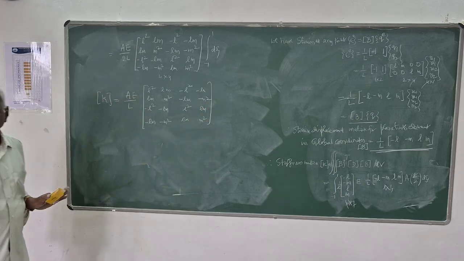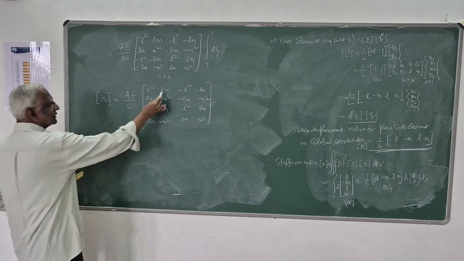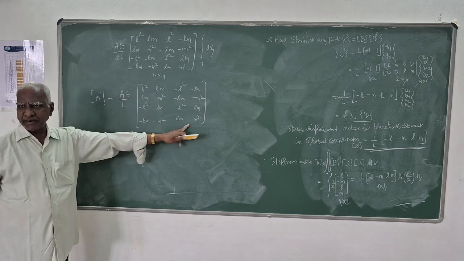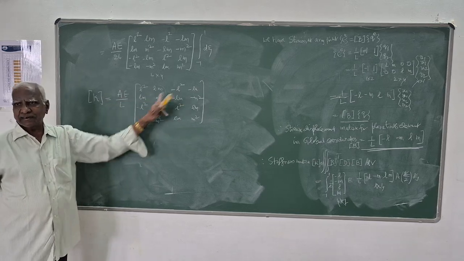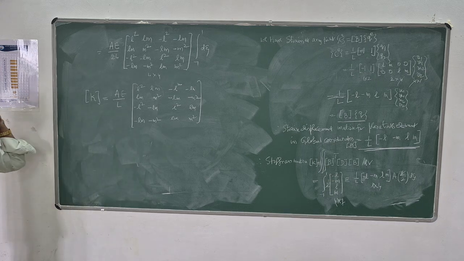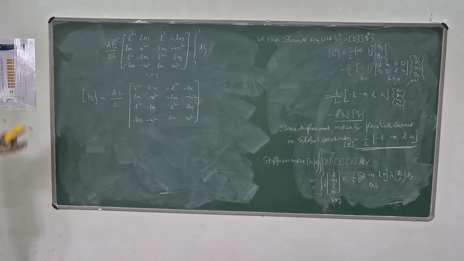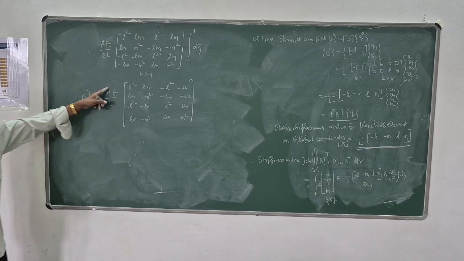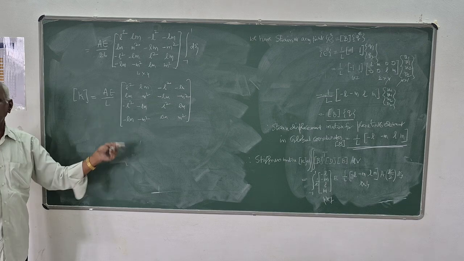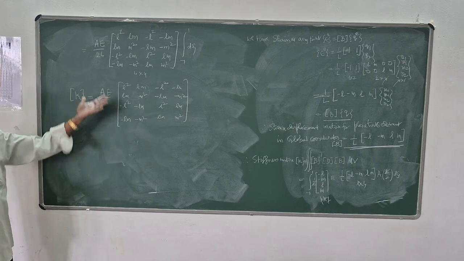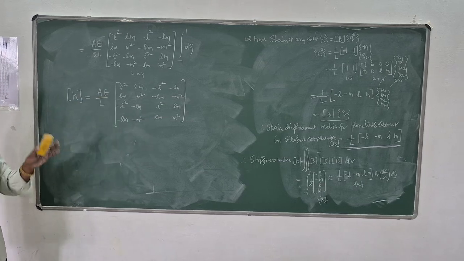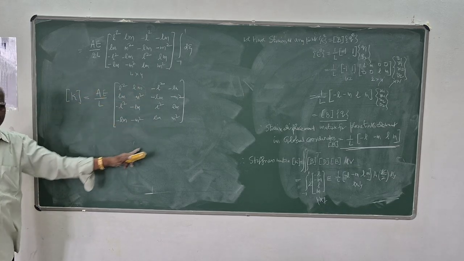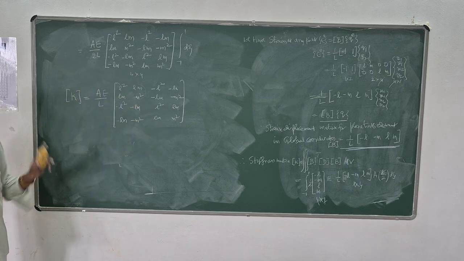The easy way of remembering is you just remember these 4, then the same 4 you write here, then change the sign. So you can remember the general stiffness matrix, of course with A E by L. In the bar element, it is A E by L, 1, minus 1, minus 1, 1. In the plane truss element, because it is virtually an isoparametric element, it has been written only in the global transformation of that stiffness matrix.